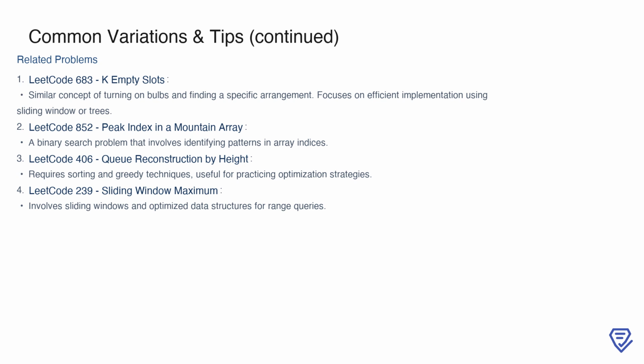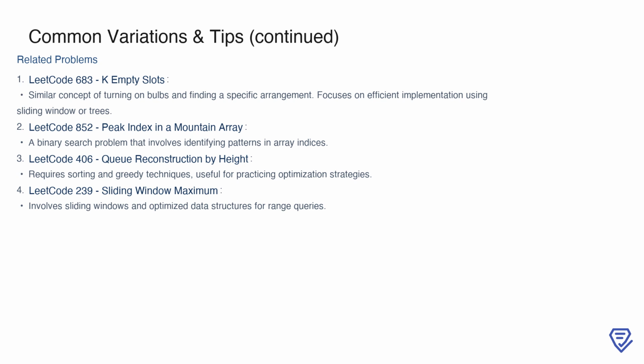For example, LeetCode 683, the k-empty slots problem itself, focuses on efficiently implementing sliding window techniques or tree-based solutions to solve similar challenges. Another related problem is LeetCode 852, peak index in a mountain array. While this is a binary search problem, it also involves identifying patterns within array indices, which is a transferable skill. LeetCode 406, queue reconstruction by height, is another great example.